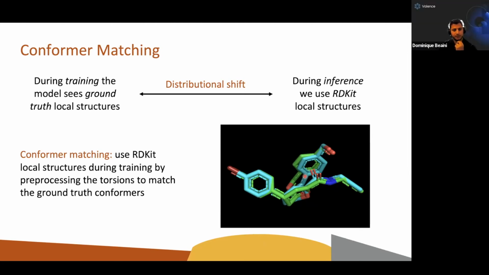Yeah, the problem is, right, we have our ground truth training data, our ground truth 3D structures. If we were to use their local structures during training, we could train our model nicely, but then during inference, we always only have the RDKit local structures. And that is a bit of a problem.